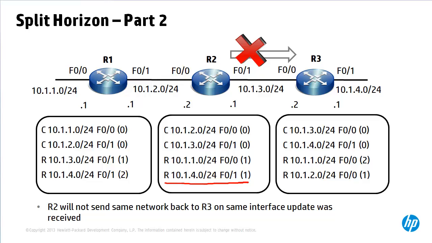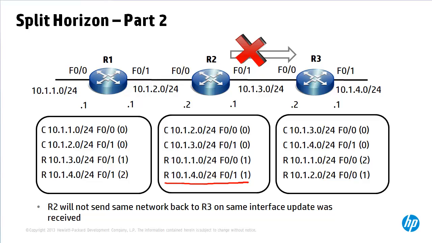So router 2 in pure split horizon does not send the routing update back to router 3. Router 3 just told it about that network, so it doesn't make sense for it to tell router 3 what it's just been told by router 3. In summary, in RIP, if an update is received on an interface, it's not advertised back out on the same interface on which it was received.